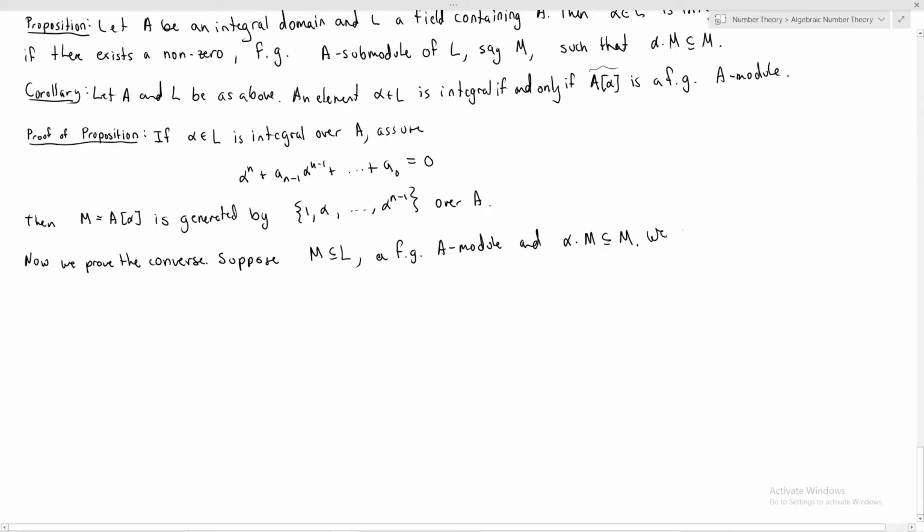We use Cramer's rule to construct a polynomial with alpha as a root.